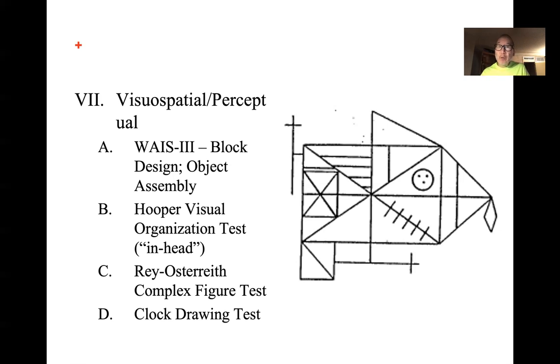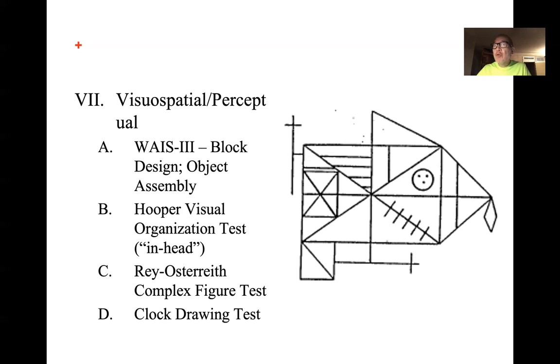The Hooper visual organization test, which is basically a puzzle task, but instead of moving the puzzle pieces with your hand, the examinee is asked to look at the puzzle pieces and in their head try to figure out what the puzzle is, what the completed puzzle object is. Yeah, so it's the idea of taking out the motoric component of the test. Yeah, so you don't have to use your hands, but you're just using your head.